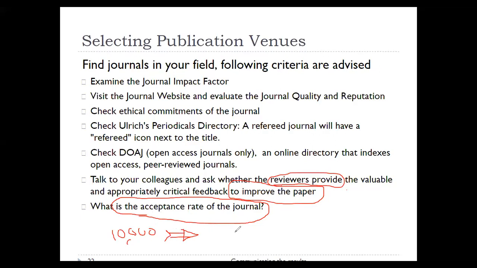Then how many are actually published? Suppose 2,000 research papers are published, and obviously 8,000 will be rejected, right? So in this case, the acceptance rate is only 20%, right?